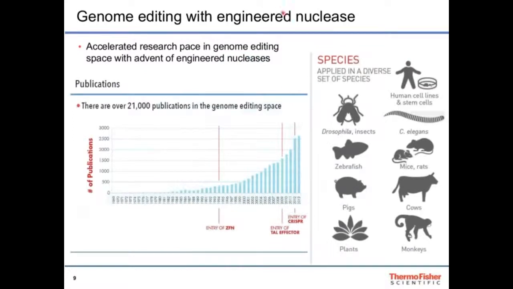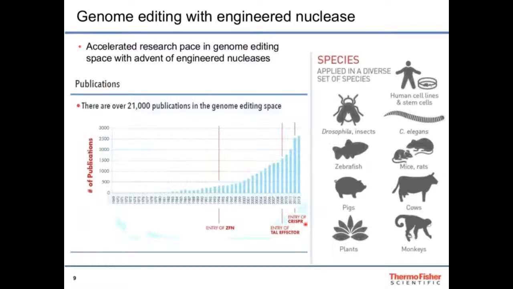So I alluded to the fact that we've had this revolution in genome editing that's been really led by the development of these tools. If you look at the graph on the left, the number of publications for genome editing shows an inflection point with the entry of GFNs into the market. Things are evolving maybe logarithmically, because the TAL effectors came out in 2009, and we see an inflection point in publications.